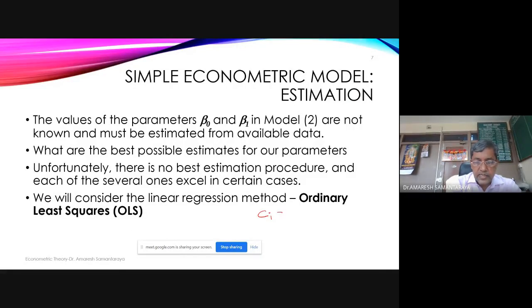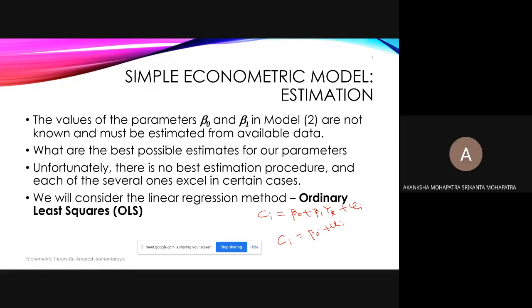My model is Ci is equal to beta 0 plus beta 1 Yi plus ui. So when beta 1 is equal to 0, this model becomes Ci is equal to beta 0 plus ui.